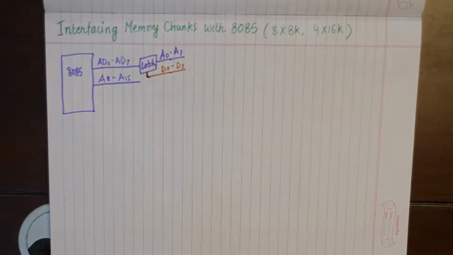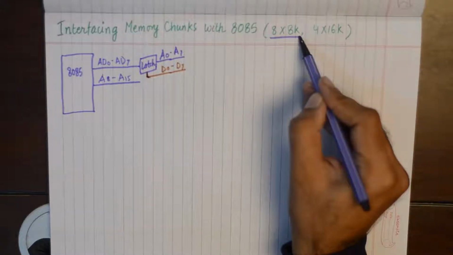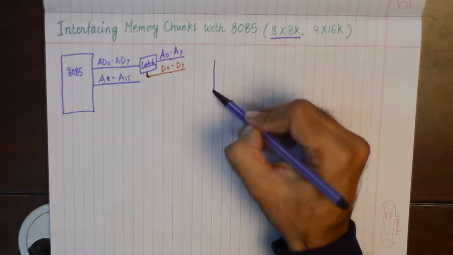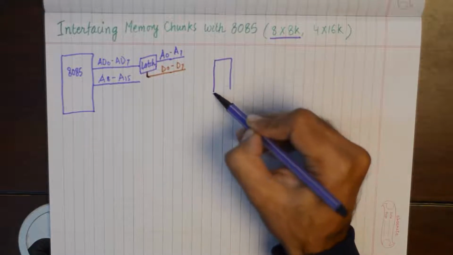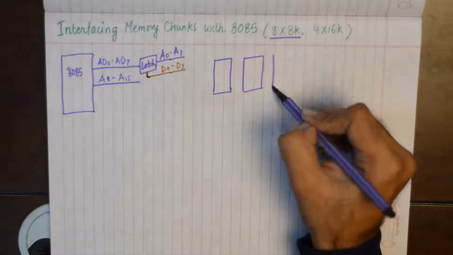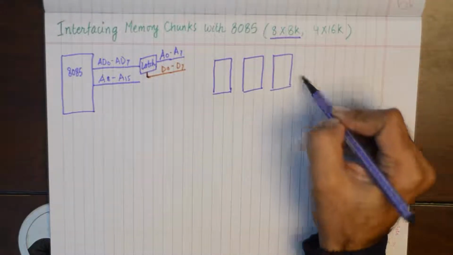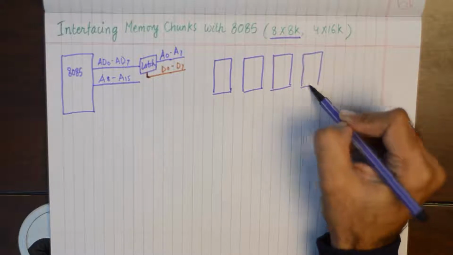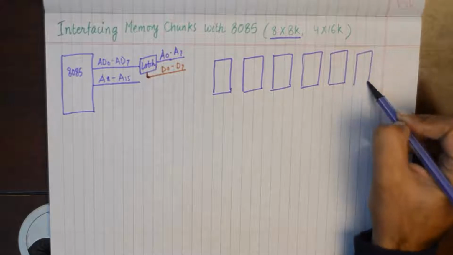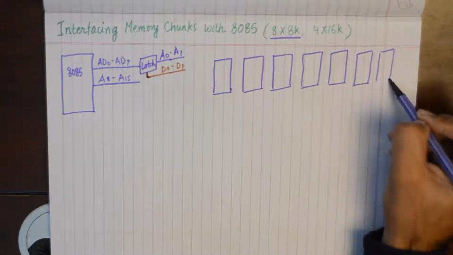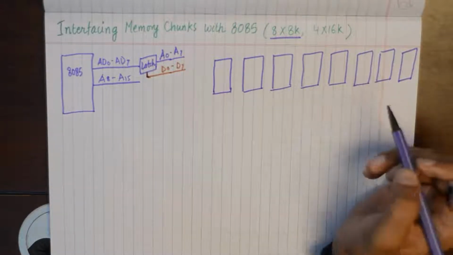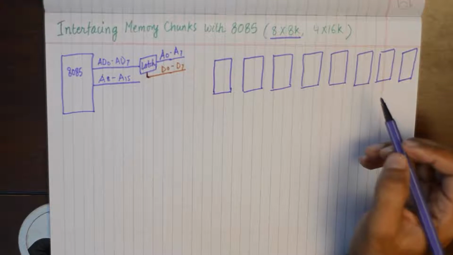in the first case that we take, we have 8K memories. So we have different 8K memories with us. Now we'll need to do some maths here.